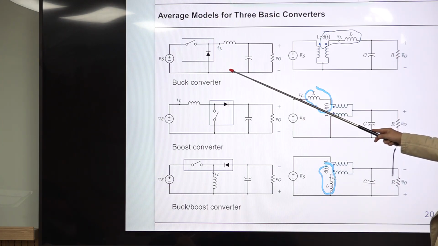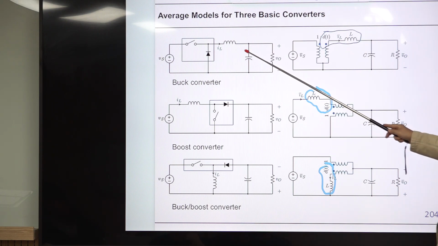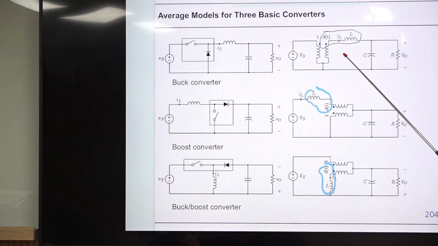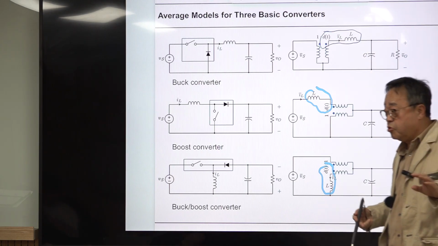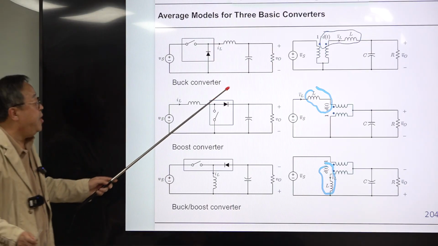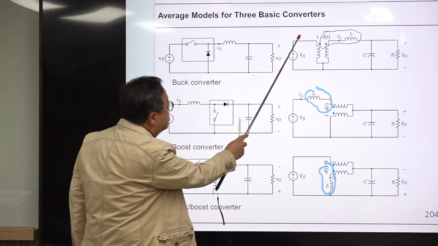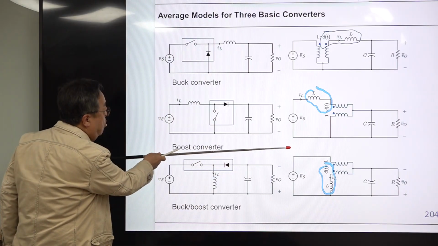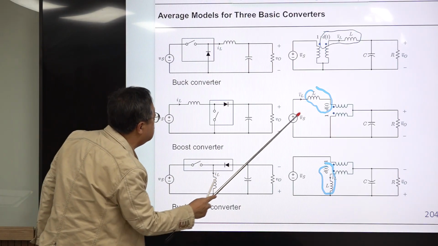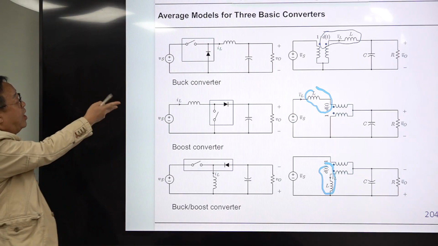So this is the Buck converter, and the average model was made just by replacing this with this average model of the PWM switch, which has the shape of an ideal transformer. You repeat these things: A is here, P is here. For the boost converter, A is here, P is this side, C is here. You just rotate this.